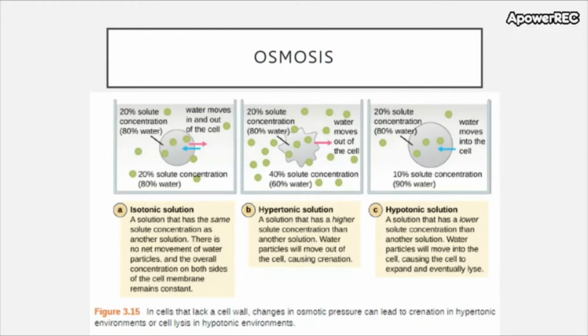This image here shows how osmosis affects the shape of the cell walls. In image A, there is an isotonic solution. An isotonic solution means that the amount of solutes inside and outside of the cell are roughly the same in concentration. So there's about 20% solutes outside of the cell and 80% water.